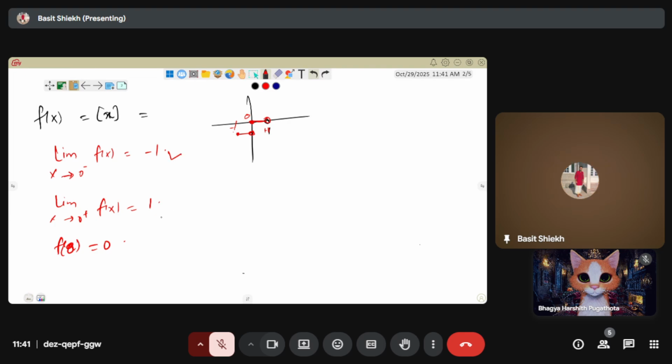Left hand limit is not equal to right hand limit. So it is not continuous. It is discontinuous at x equal to 0. But both the limits exist and are finite. So we can say it has finite type of discontinuity at x equal to 0.